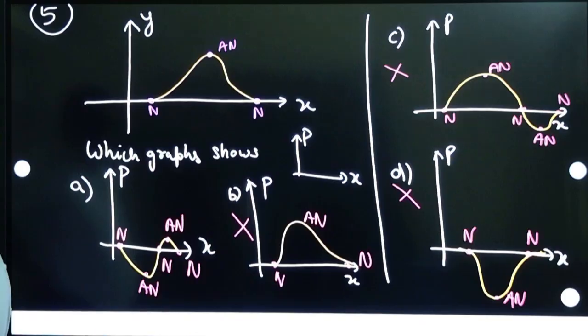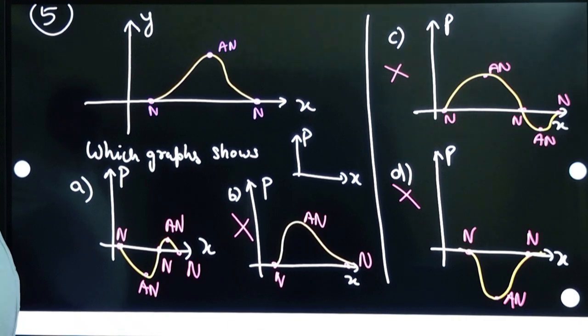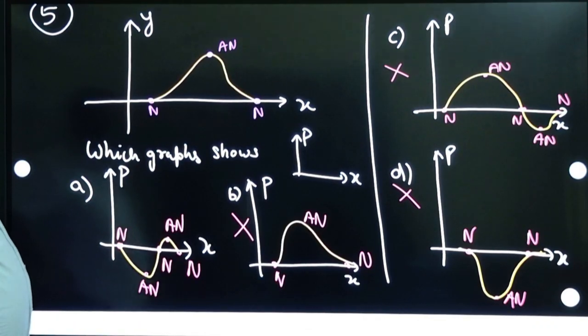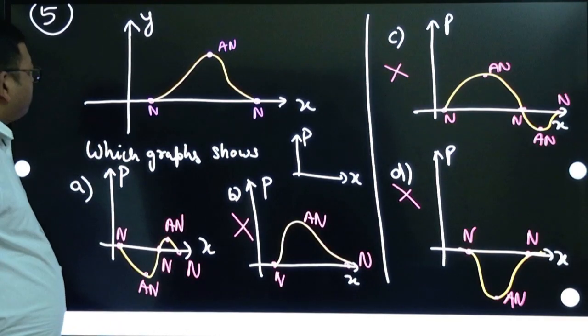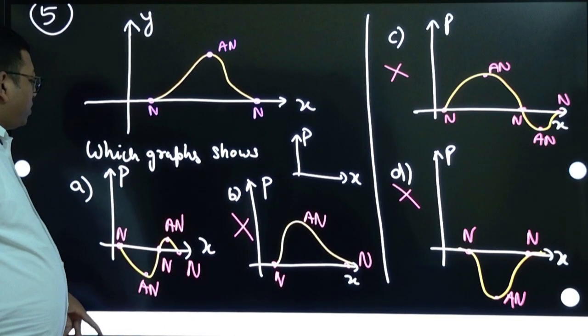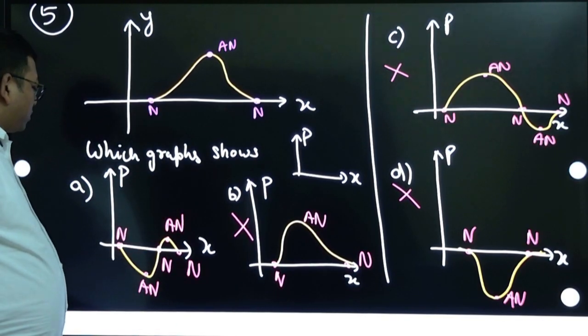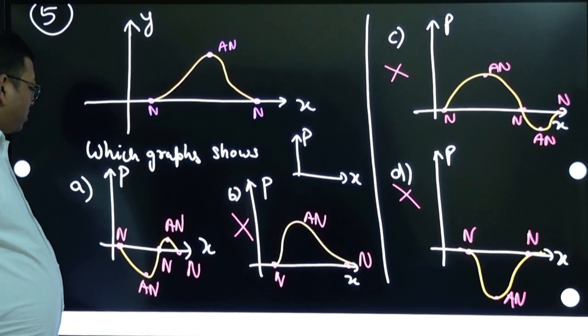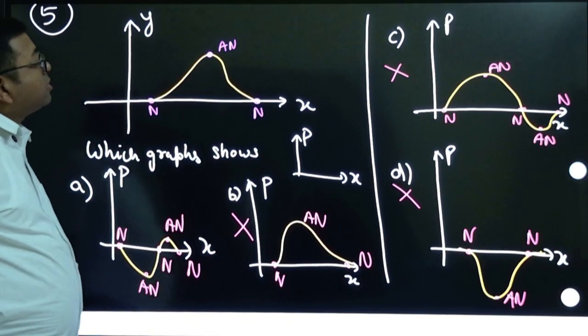So here also two antinodes are there, but three nodes are coming here also. According to this graph, it should give one node and two antinodes, but three antinodes are given. How is it possible?